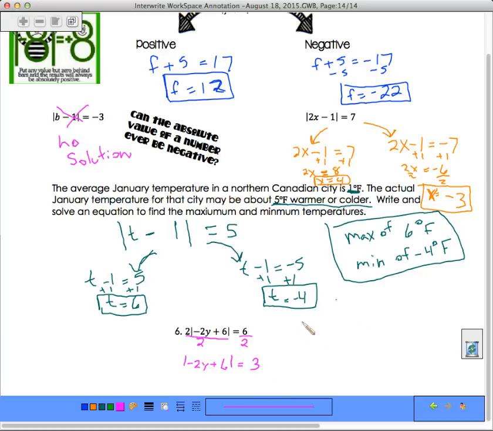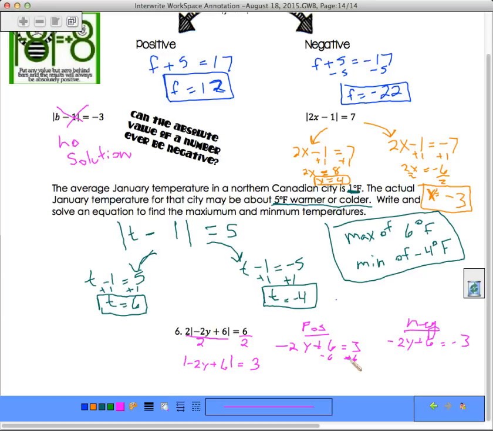And then I still split it into my two cases. So I have the positive, and I have the negative case. Positive would be negative 2y plus 6 equals 3. Negative would be negative 2y plus 6 equals negative 3. Okay, so here, start with this piece, subtract the 6 over. Nope, I don't know why I wrote plus.